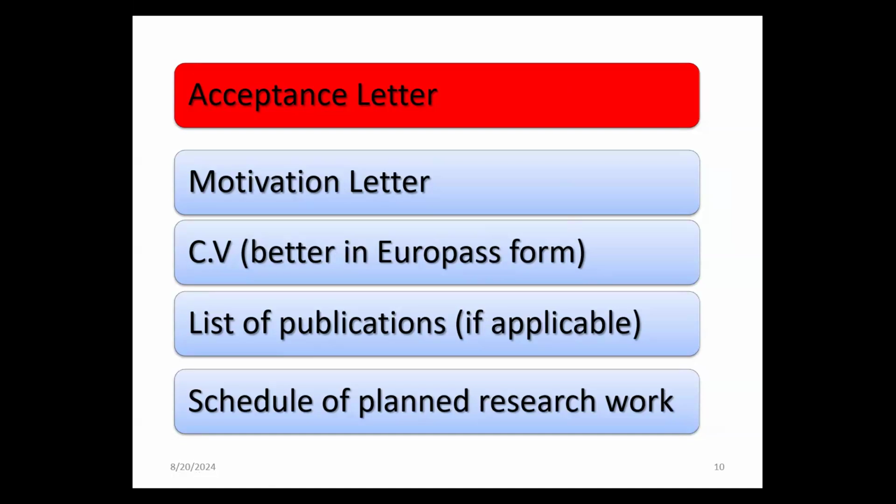You have to provide your CV. It's better to be in Europass form. And if you have a list of publications, even one publication, please attach this list. This is really important because it can show how qualified you are in terms of research and your passion for research.